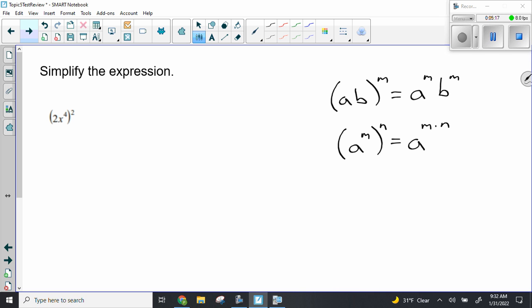So let's go ahead and do that. It'll kind of happen all at once. 2 squared is 4, and then this is going to be x to the 4 times 2 power. So this becomes 4x to the 8th power. All right, let's get another one in.